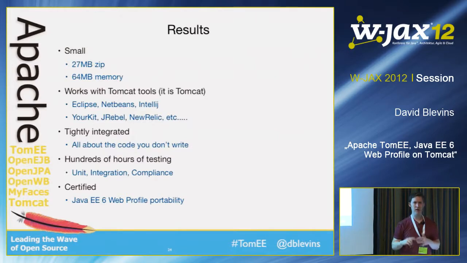Recently, JRebel announced support for TomEE. IntelliJ announced support for TomEE. IntelliJ already supported TomEE through its Tomcat support, so we just filed a bug report saying, please add explicit support for TomEE. They did it, and we asked, can you add it so it says TomEE, so people know.